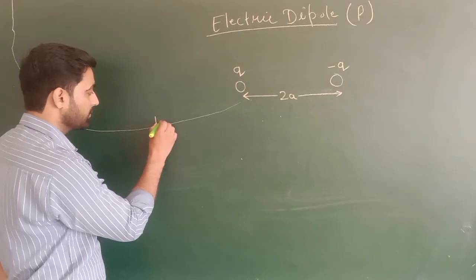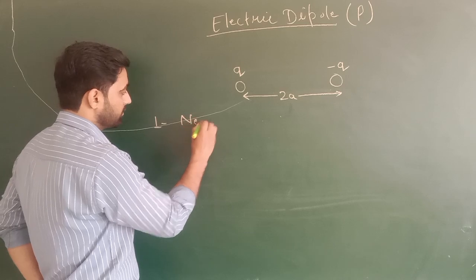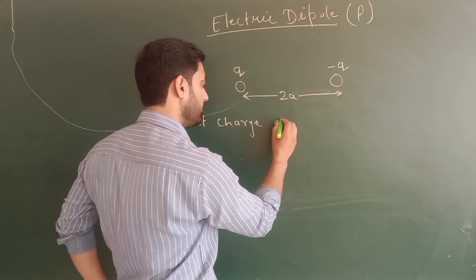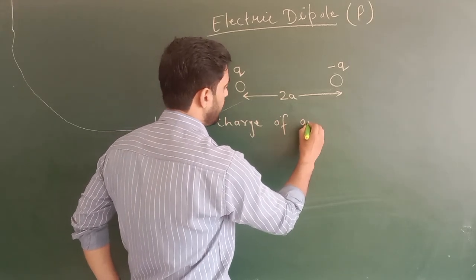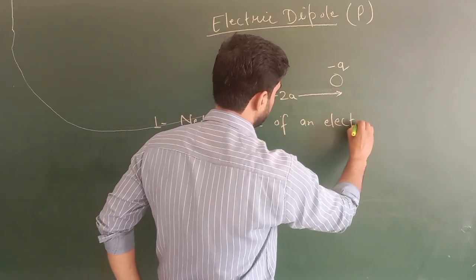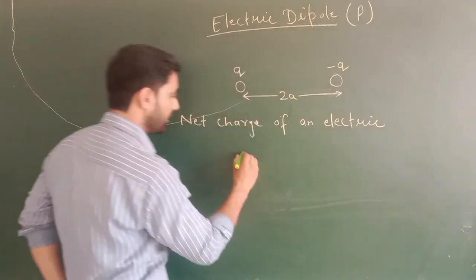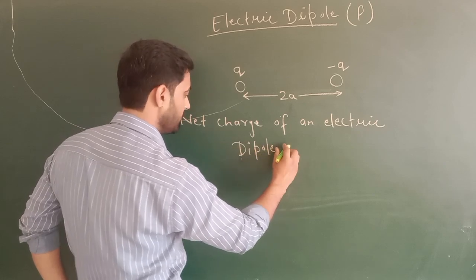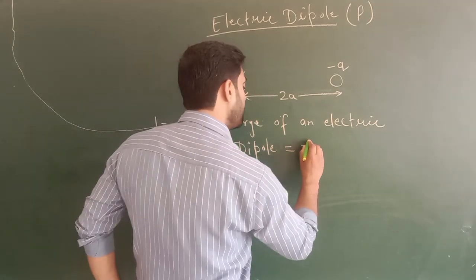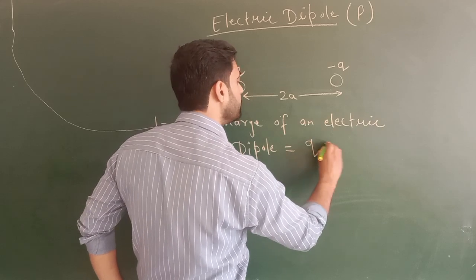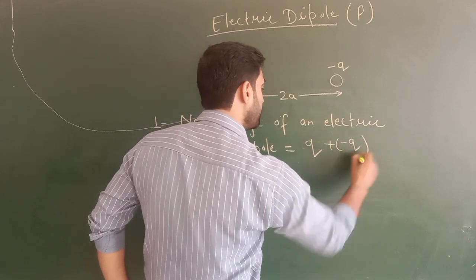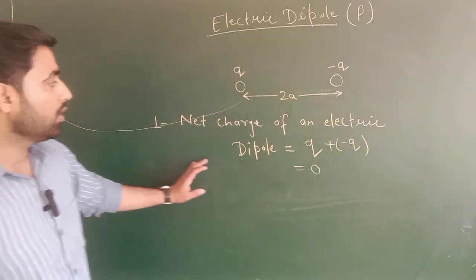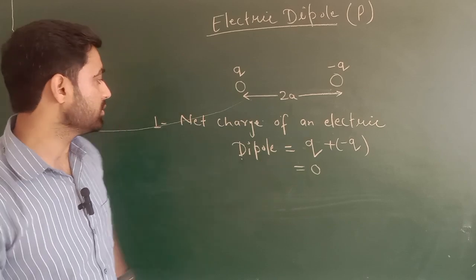First related point is the net charge of an electric dipole, which is plus q minus q, that is 0. So net charge of an electric dipole is 0.